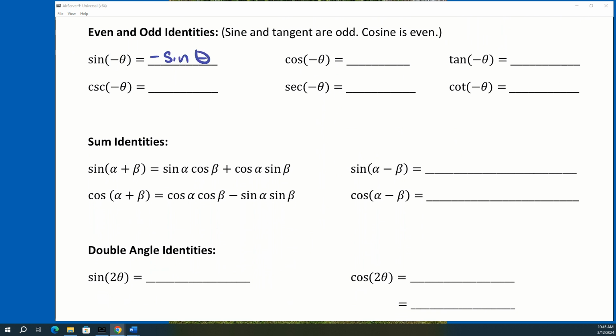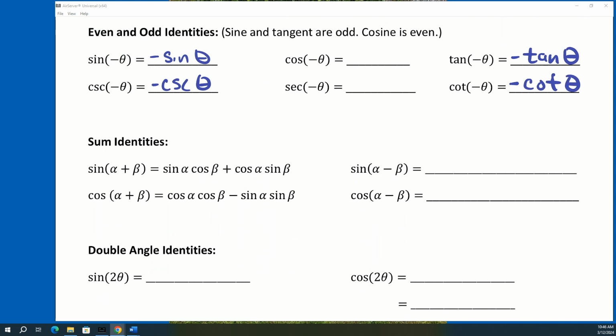So the sine of negative theta is the same as the opposite of the sine of positive theta. And the reciprocals go together. So if sine is odd, cosecant is odd. Tangent is odd, so that negative is in the front, and cotangent, the negative is in the front.